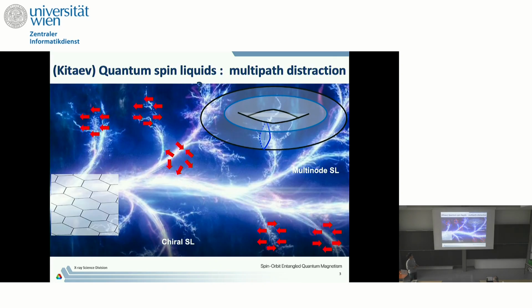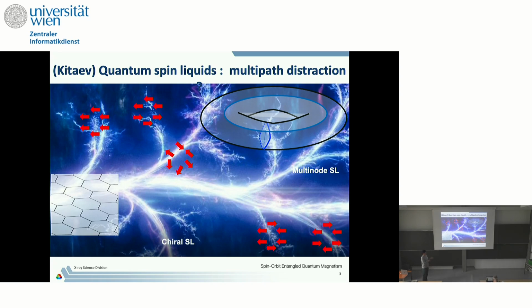We keep talking about this Kitaev quantum spin liquid, but we keep pointing out we don't have the material. We want to go to an ideal Kitaev model, but we are lost in the middle, and there are so many others.